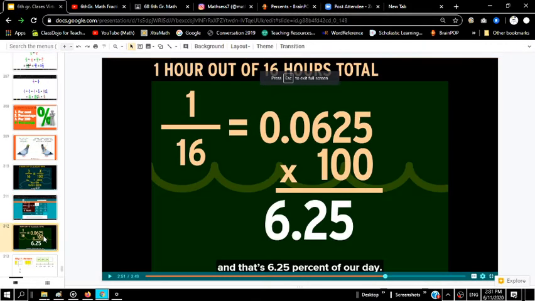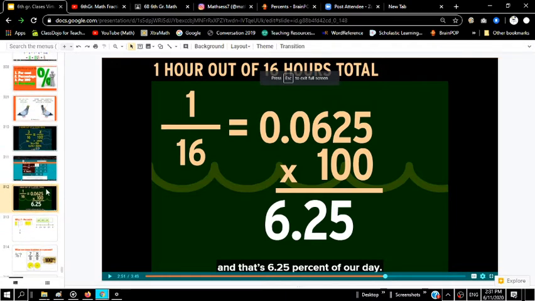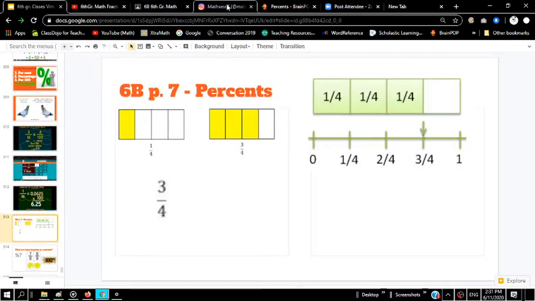That's the second way. And then the third way that the BrainPop video explains is finding our decimal and then multiplying that by 100 to get our final percent. So there are lots of different strategies to find percentages when we're looking at fractions. Just make sure that you understand that there are plenty of ways to do that.